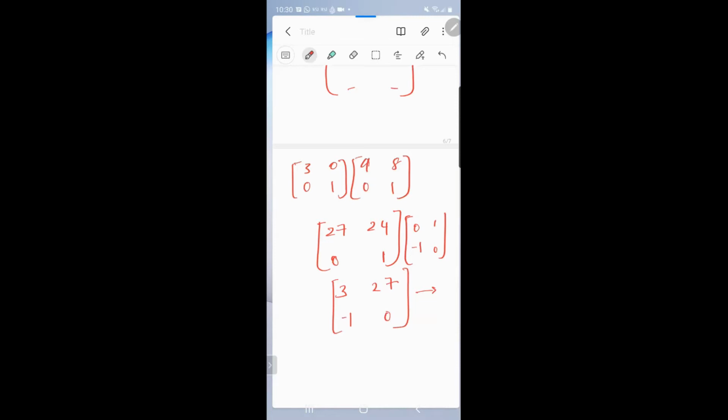Is someone else trying multiplying these three? I don't know if I got it right or wrong. If someone else has tried, please let me know if I got it right or wrong.